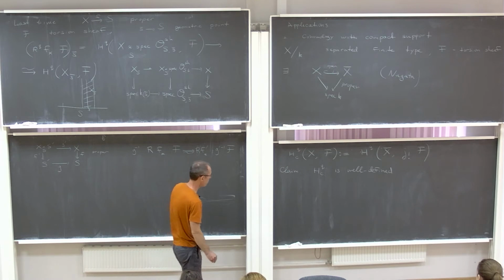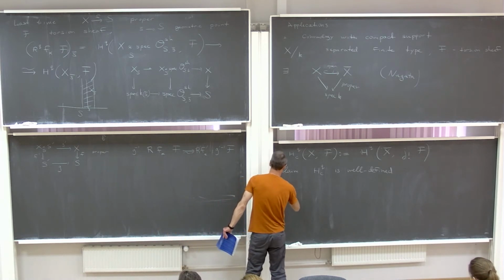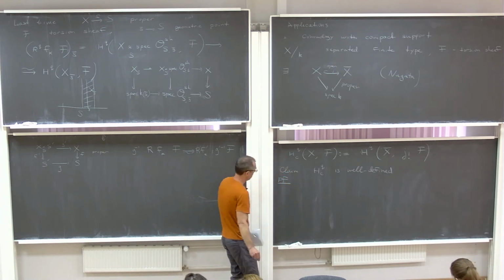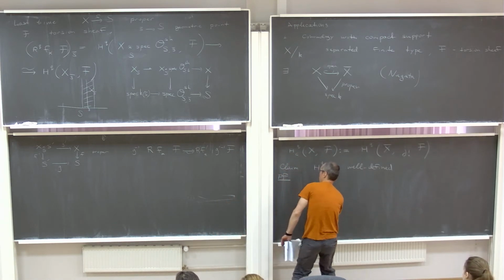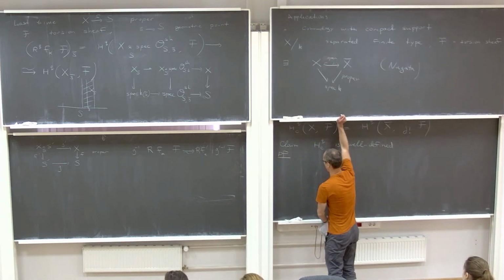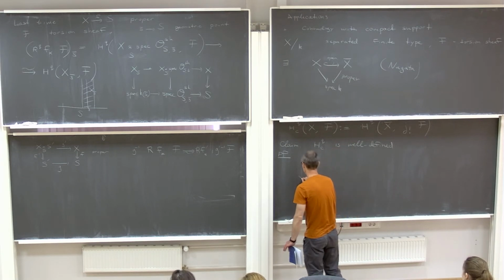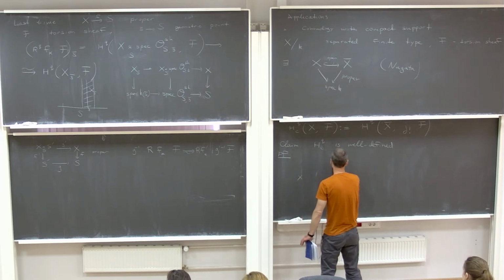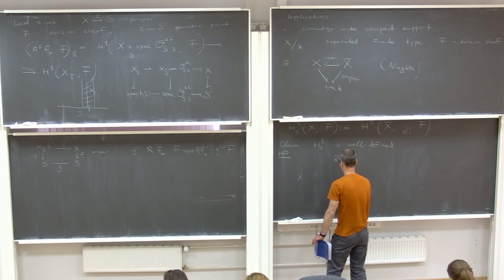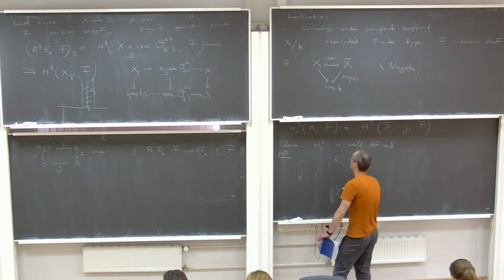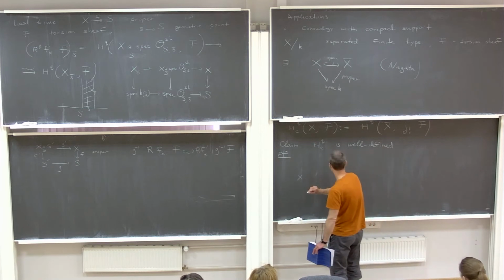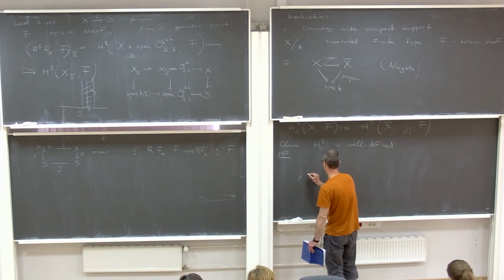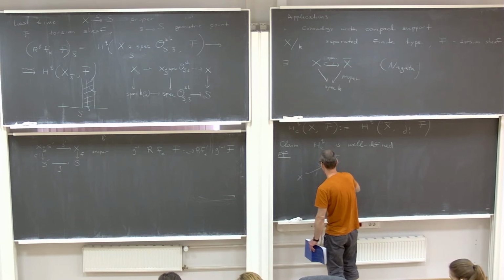So let's give a proof. So suppose I have two compactifications of X, right? So I have X, and I have X1 bar, and I have X2 bar. And I want to compare these groups. So this is my j1.